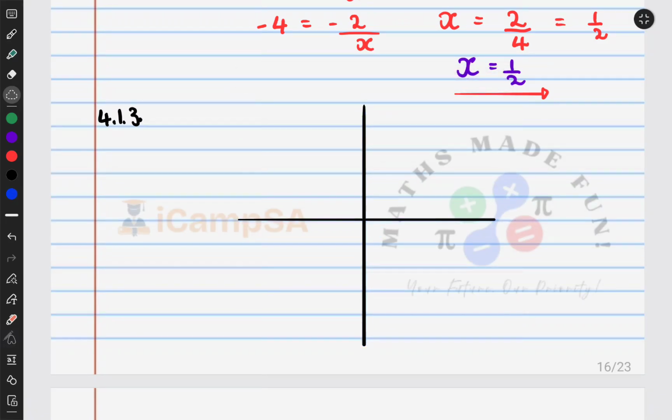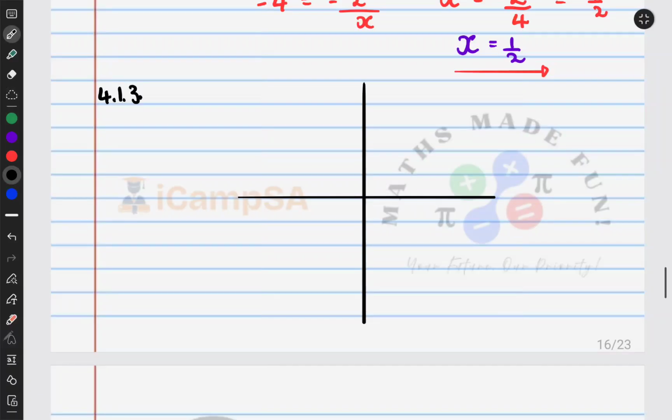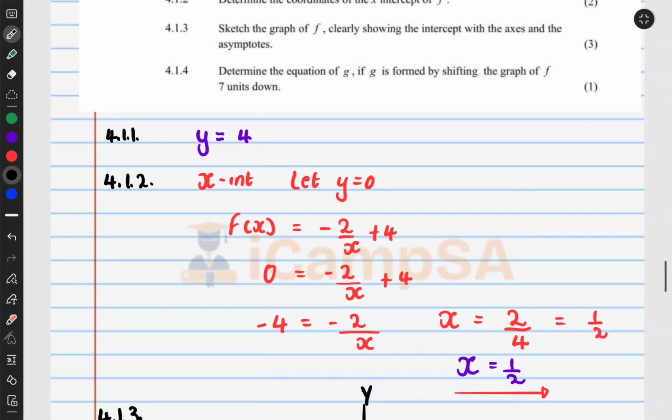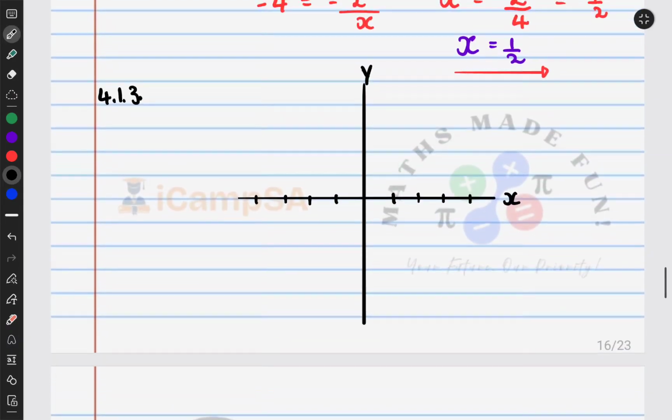Okay, this is our y-axis. X-axis, let's calibrate. It is 1 2 3 4. Let's see what was there. Okay, the asymptote is y is equal to 4.